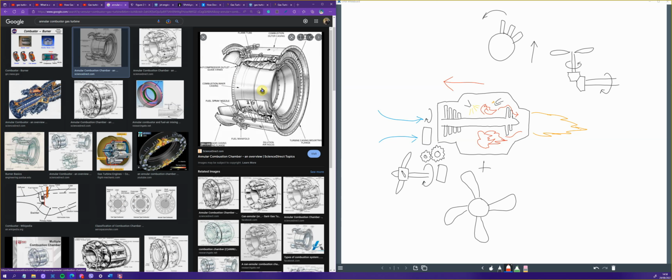Medyo mahirap siyang i-make out initially, pero tingnan natin nasaan. Ito yung inner casing ng combustion mo. Makita mo may mga vanes na siya, yan yung nagsiseparate.